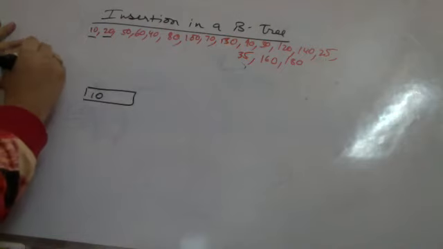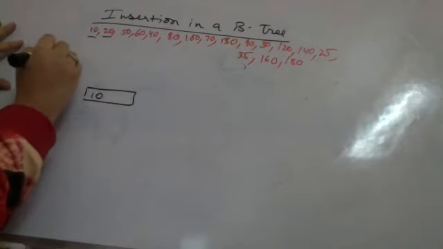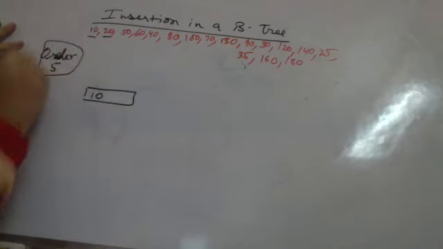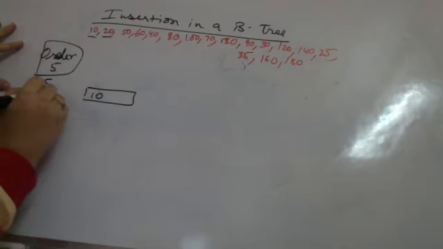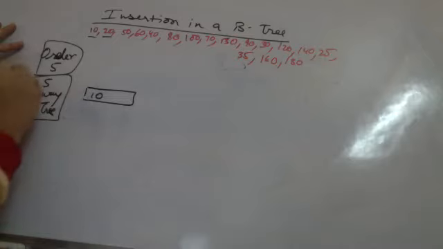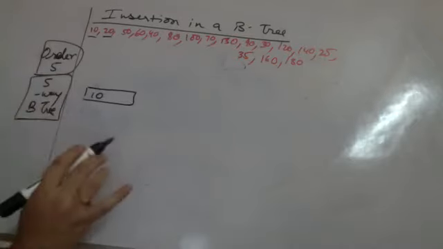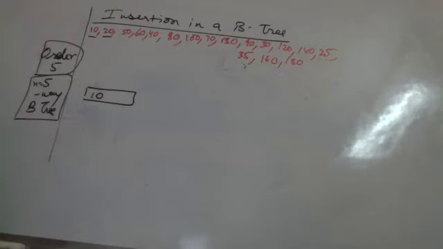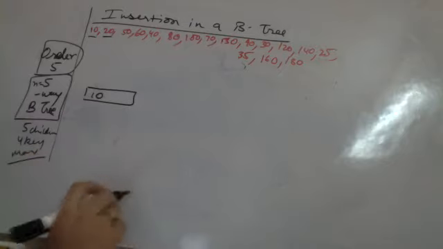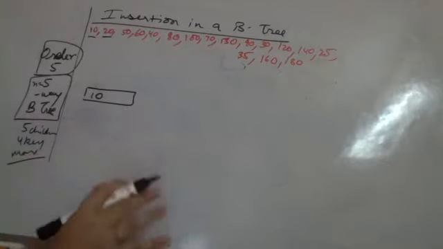This is a 5-way B tree, a B tree of order 5, where I have to do the insertion. That means n is 5. 5 children are allowed for every node and 4 keys maximum are allowed. The other conditions for a B tree are different. We'll check in every node.